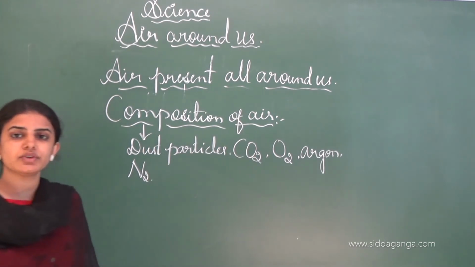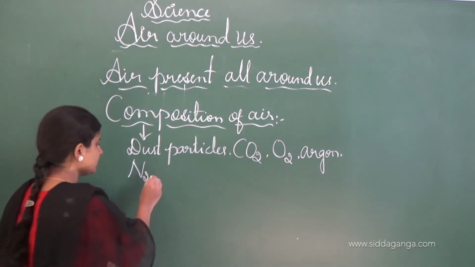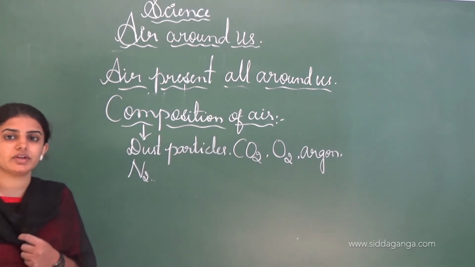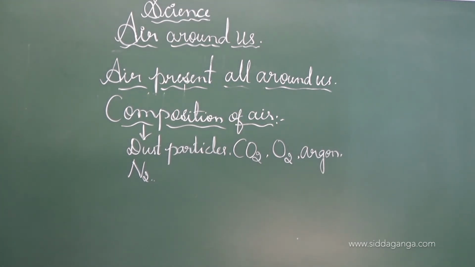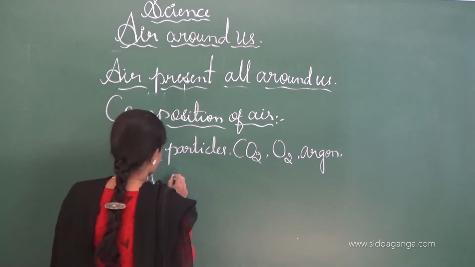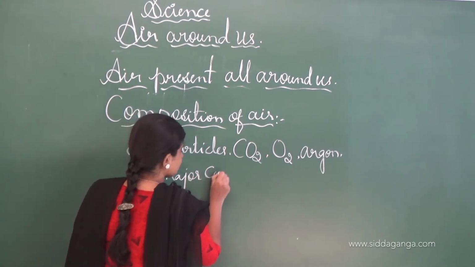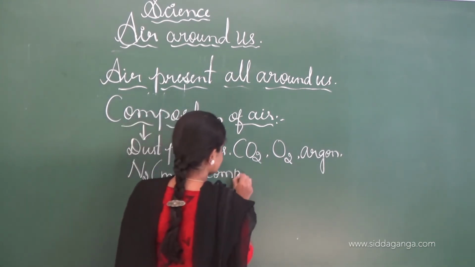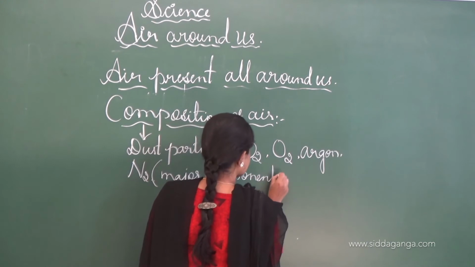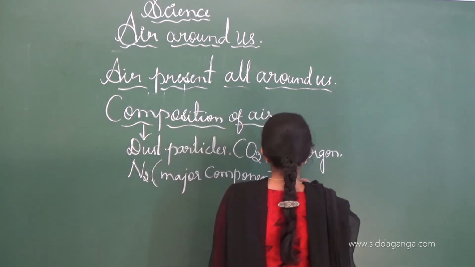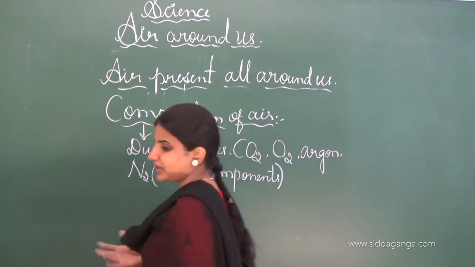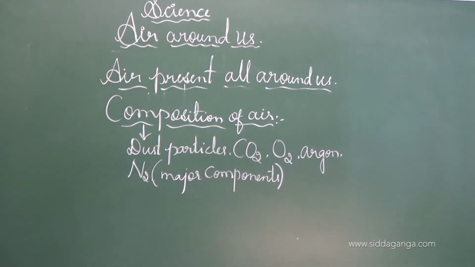Three-fourths of the air contains nitrogen, and it is a very useful gas which is present in the air. See, it is a major component. And oxygen is also another major component beside nitrogen.